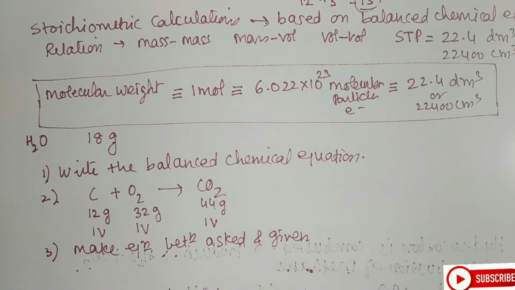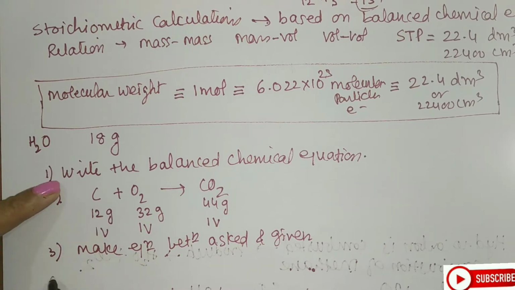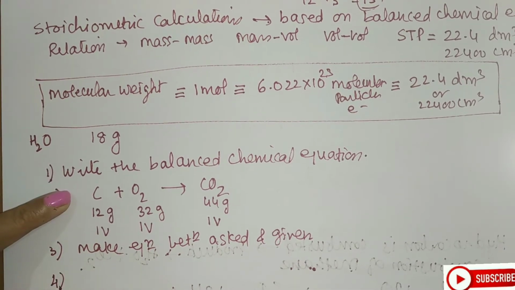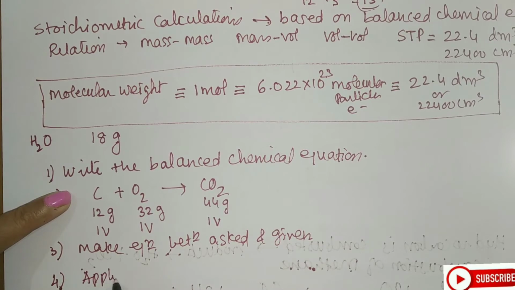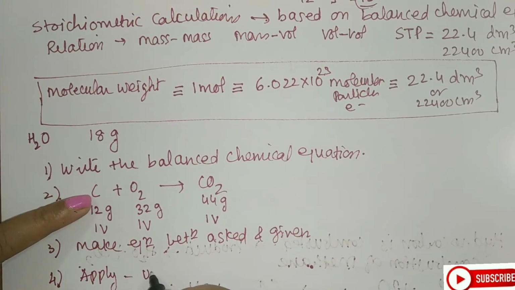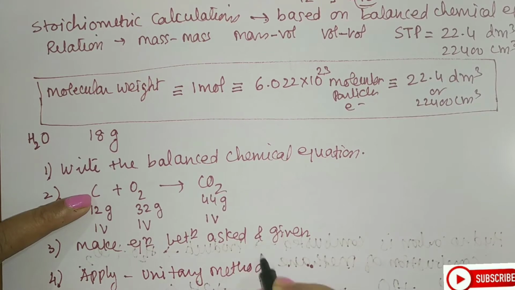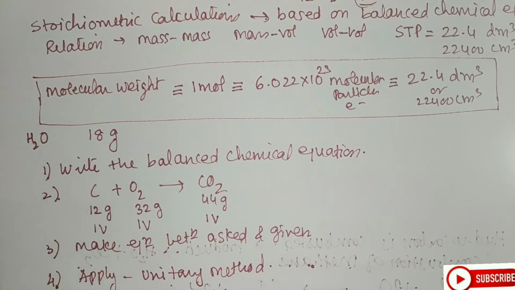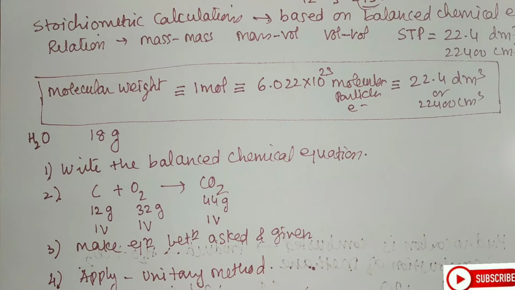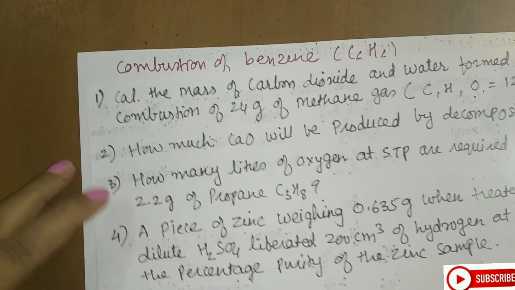Between that you have to create an equation. And the fourth rule is you have to apply the unitary method and calculate what is asked. So those are the steps involved in stoichiometric calculations. So students, let us solve a few of the questions and let us see if some shortcut is also possible for those calculations. So let us come to the first problem.